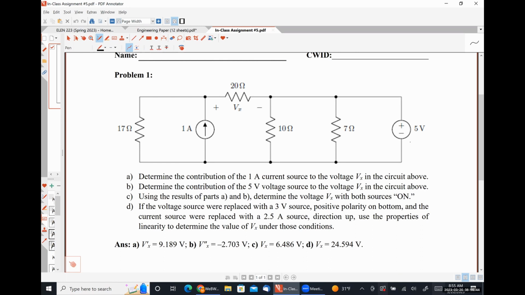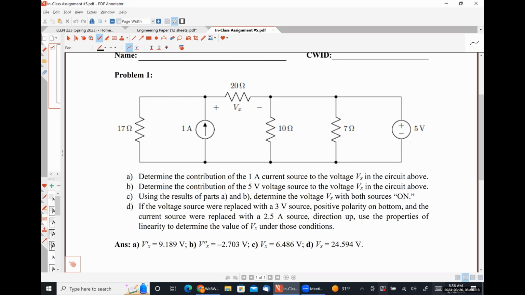In part A, I asked you to determine the contribution of the 1 amp current source to the voltage Vx. That means I'm expecting you to analyze this circuit with the 1 amp current source on and your voltage source off. When you see determine the contribution of a source on your exam, that means do superposition. It's the only thing you're going to see on your test that explicitly tells you how to analyze a circuit. Everything else is going to be free reign.